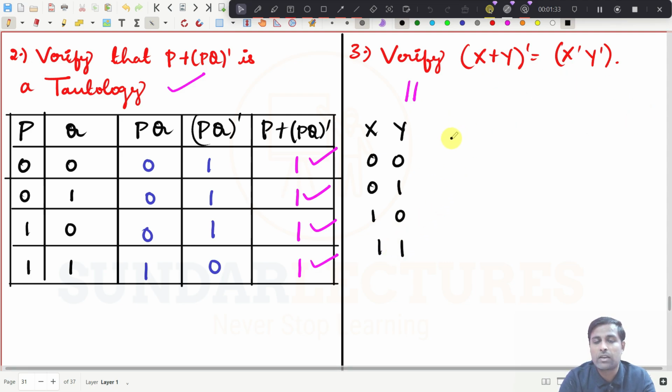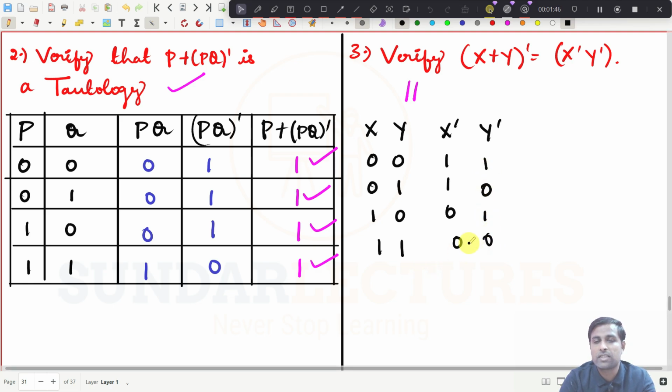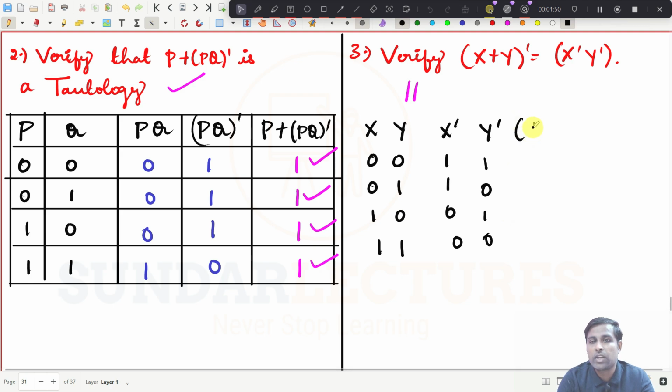So what you need to find is x dash and y dash separately, so x dash and then y dash. This one will be 1 1 0 0, this one will be 1 0 1 0. This is the x dash and the y dash, and you need to find what is (x plus y) the whole dash.